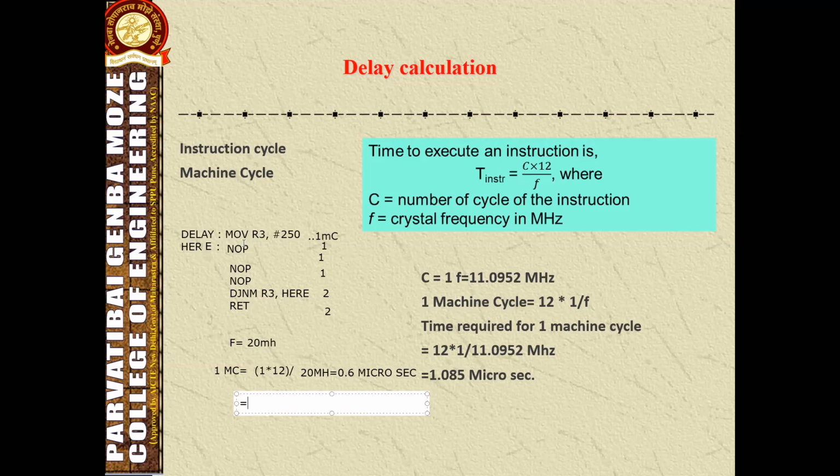See, first the delay is executed and it will take one machine cycle and it will load R3 with 250. 250 means this instruction will be executed 250 times.